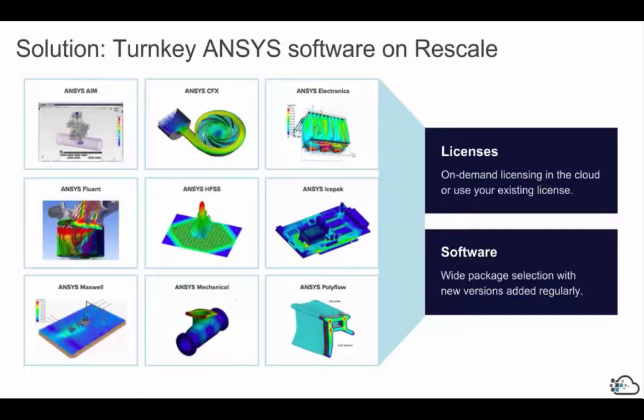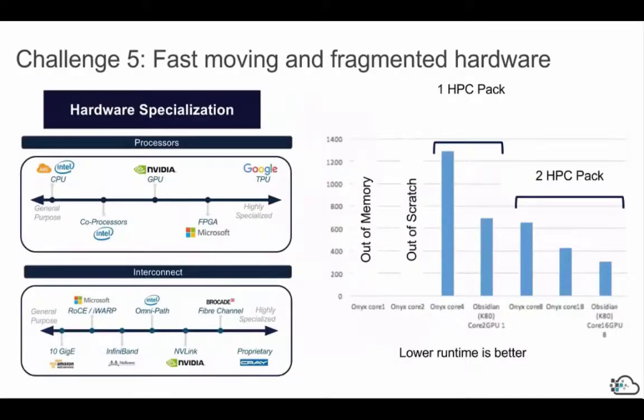So the fifth challenge we see in the industry is really fast-moving and fragmented hardware providers. If you look at the different providers, the hardware architecture behind the hood actually ranges from general purpose GPU to Intel Xeon Phi coprocessors to GPUs, all the way to the tensor processing unit provided by Google.